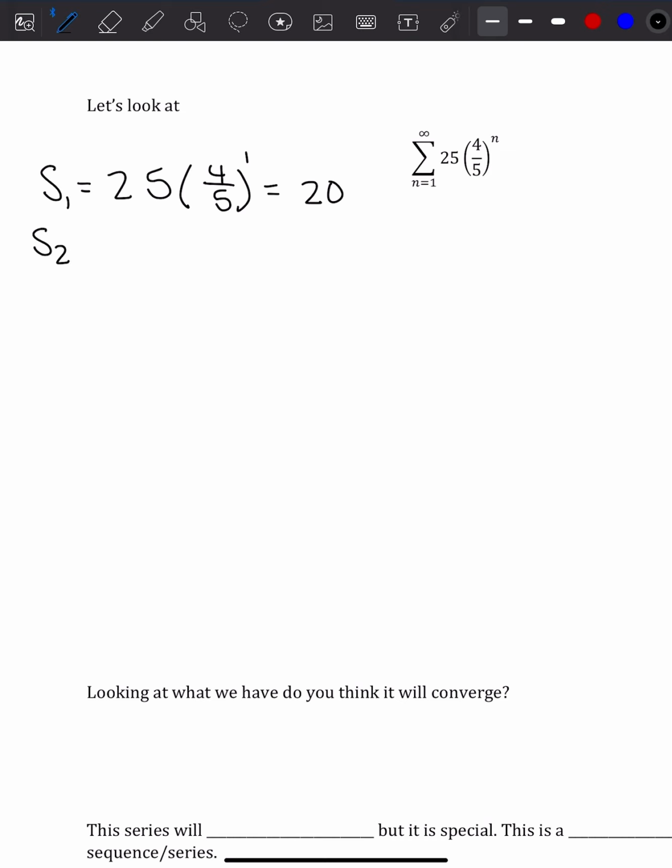S sub 2, we have that first term of 20 plus our second term, which would be plugging in 2. So we have 25 times 4/5 to the second power. This is going to be 25 divided by 5 divided by another 5 times 4 squared.